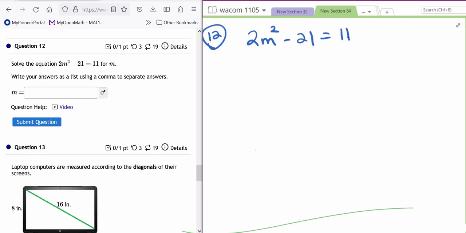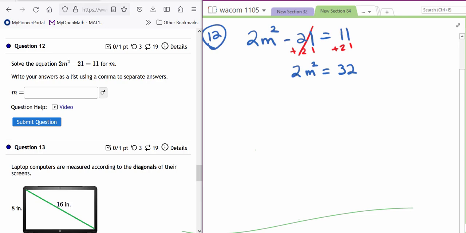Your clue that you can use the square root method is because there's no m to the first. It's m squared and everything else is plain numbers. So let's isolate the m squared. So we're going to add a 21 to both sides. That gives us 2m squared equals 32.